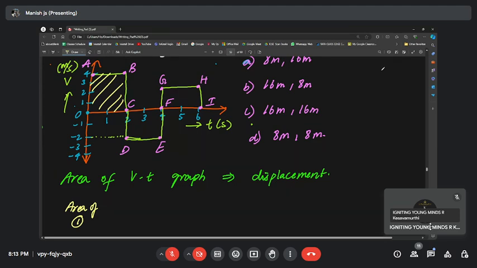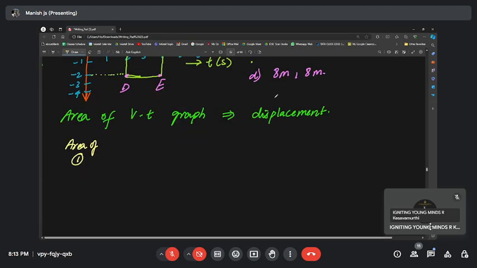What is the length? Length is on the time axis, which looks like 2 seconds, and the other parameter is 4 meters per second. So for the first region, it is 4 meters per second into 2 seconds. Second and second get cancelled. So 4 twos are 8.